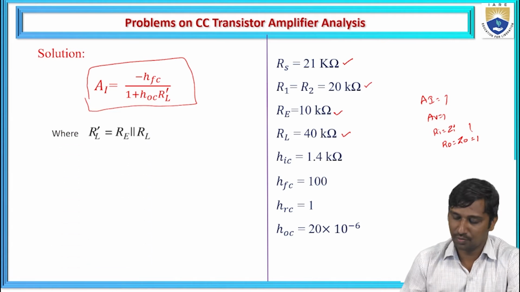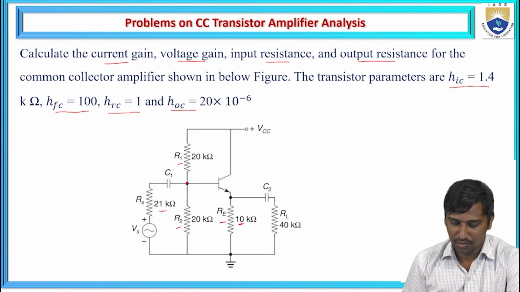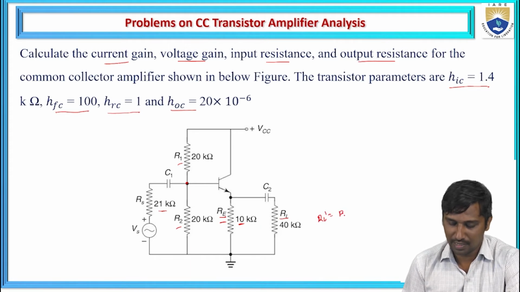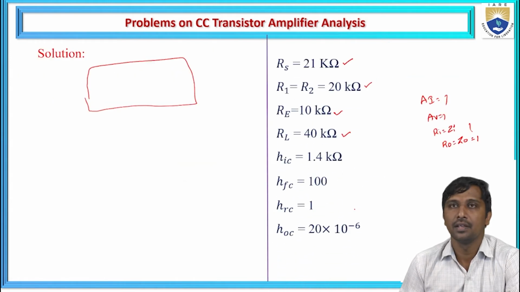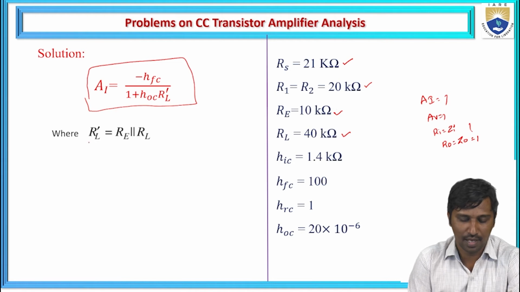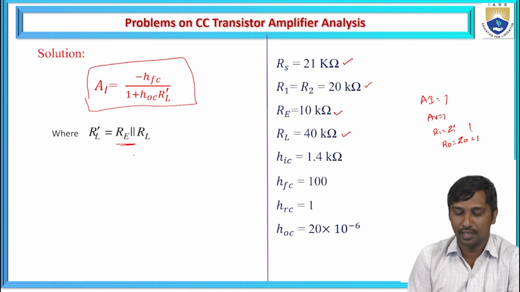From the circuit, RE and RL are in parallel at the output side, hence R'L is represented as the parallel combination of RE and RL.